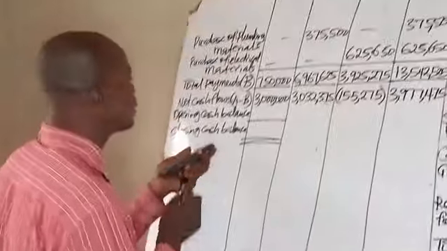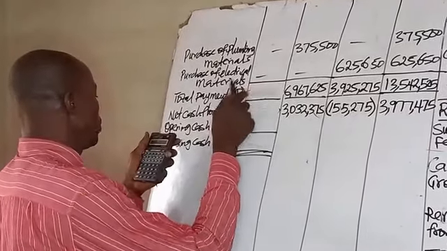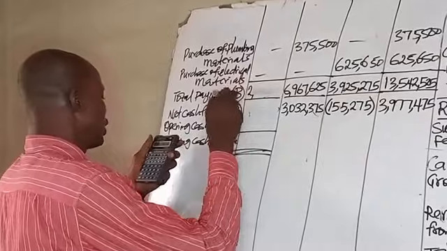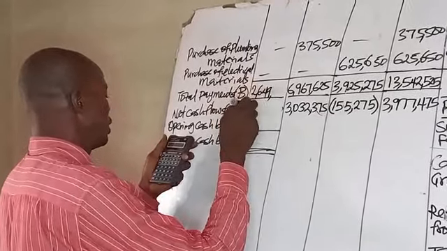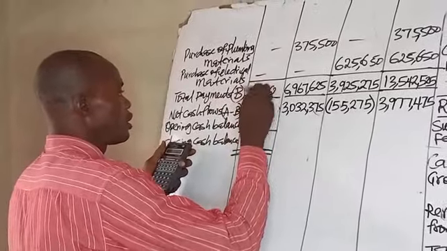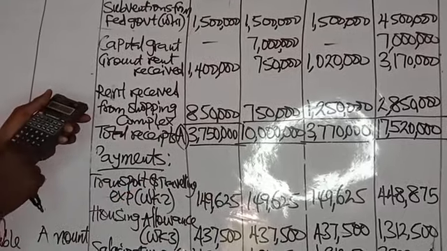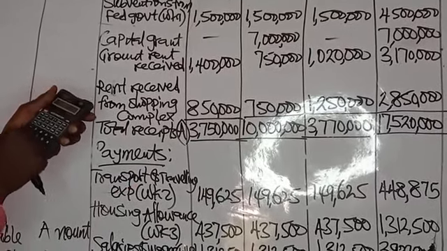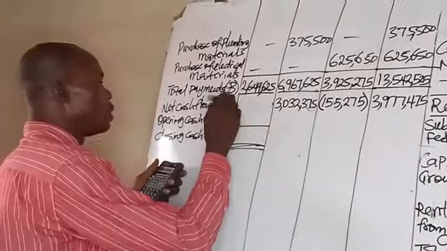The payment in the month of January is 2,649,625. If you subtract it from the total receipts in January, which is 3,750,000, we have the net cash flows to be 1,100,375.